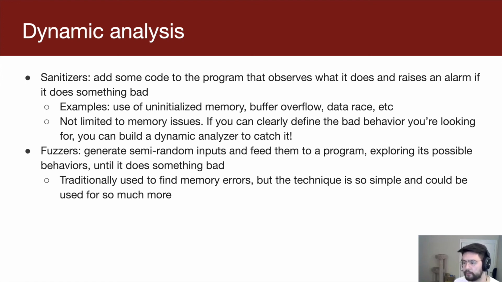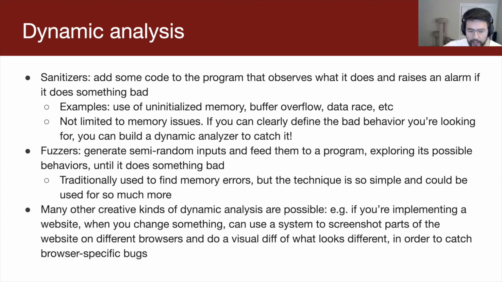If you want to brainstorm after, I've done a little bit of work in the fuzzing space, and it's such a simple and powerful technique where you're just provoking a program to do new things and then watching to see if it does something bad. In fact, you can even generalize this more and do more creative things. There's a lot of room for creativity here.